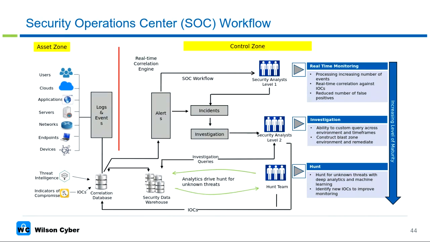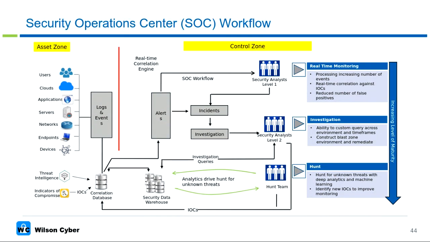If they feel that any of those alerts, in fact, may potentially become an incident, they would escalate that to a level 2 analyst or a security analyst level 2. And the level 2 analyst would have the ability to custom query across environment and timeframes, construct blast zones, and remediate, and do more detailed investigation of the particular incident to determine if it in fact is a security event.